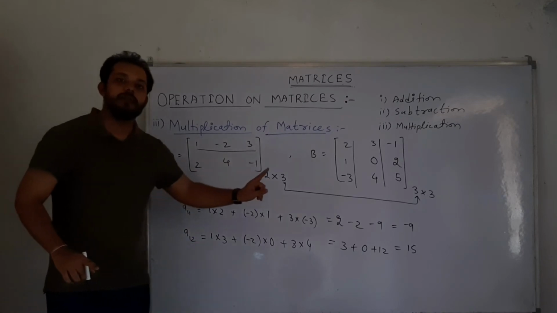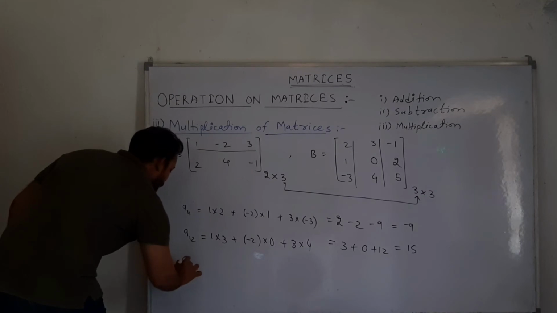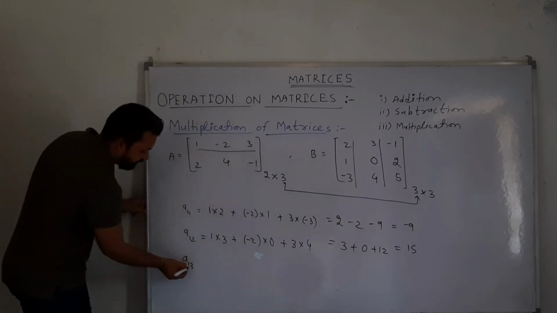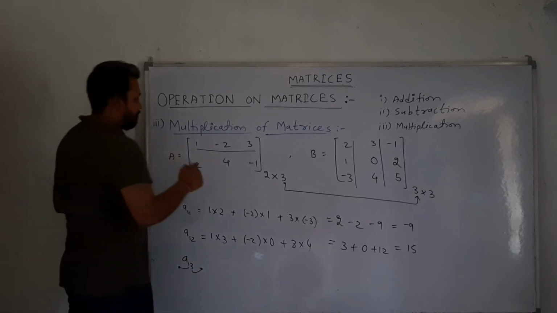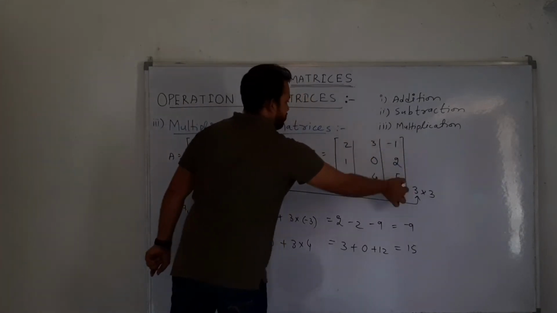Then we get element 1, 3. So it is A13: first row and third column of the second matrix. That means the first row is this and the third column is this.